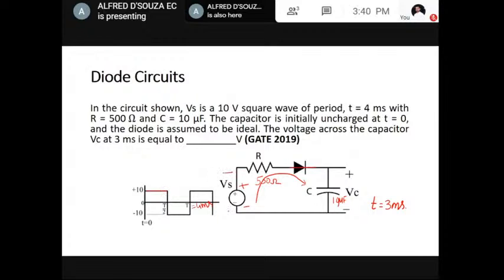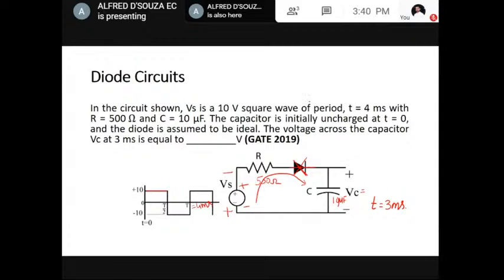This side will become minus, this side will become plus, and the diode acts as an open circuit. Charging or discharging stops. Since the output is open circuit, the capacitor cannot discharge. Current cannot flow anywhere. So it is going to retain whatever value to which it has been charged in the previous positive half cycle.